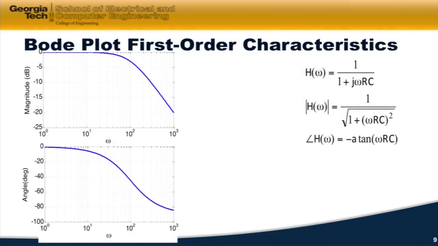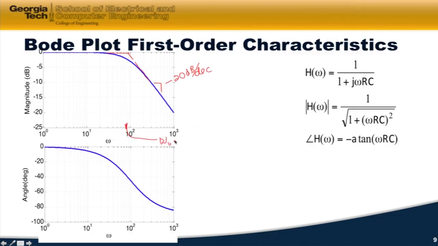The characteristics of a Bode plot. At high frequency, this has a slope of minus 20 dB per decade. And what is plotted specifically here is the transfer function of this RC circuit. We can draw this at higher frequencies as an asymptotic line, and where these two lines meet up, that's what we call the corner frequency.